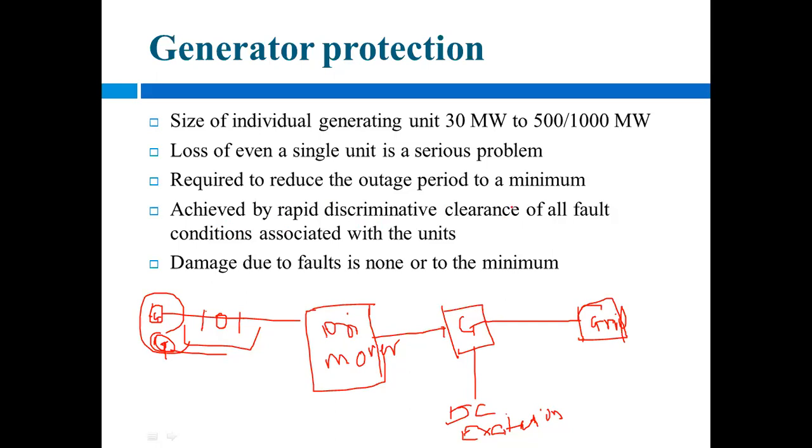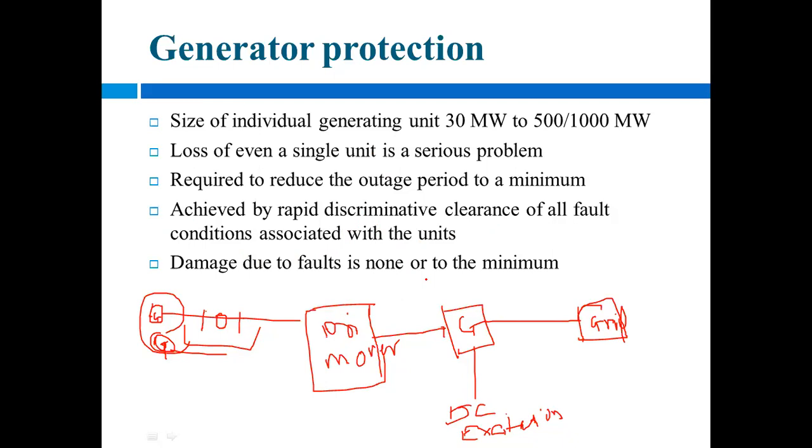This is achieved by rapid discriminative clearance of all fault conditions associated with the units. We have to clear these faults as early as possible, so that damage due to faults is none or minimum. If we clear these faults, there will not be any damage, or it can be minimum.